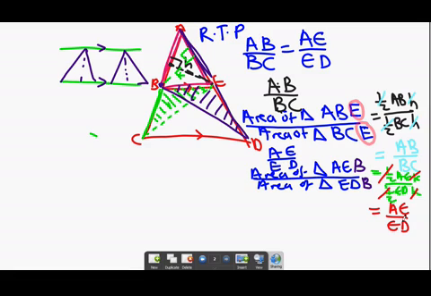We've now got the two sides, but how do we make them equal? To make them equal, we must explain that this area here is equal to this area.